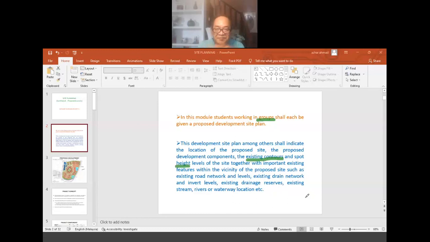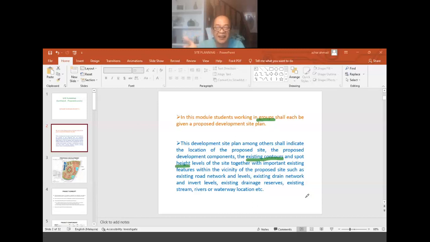So these are important features indicating existing components of the site before development. One, you will have the contours and the spot heights. Number two, there might be an indication of existing development around the site. When you have existing development, then there are existing levels. For example, there will be existing road levels around the site.